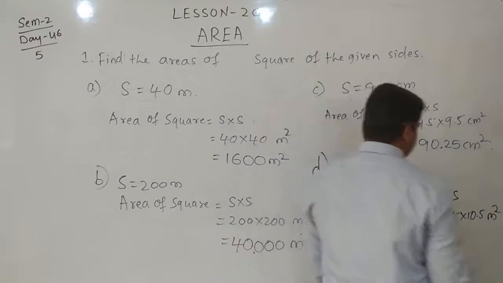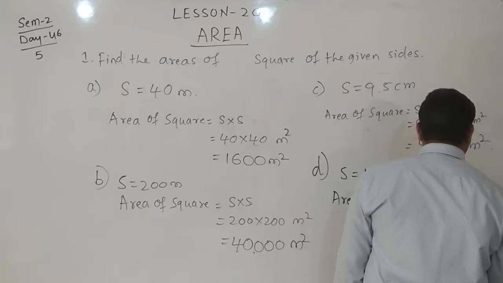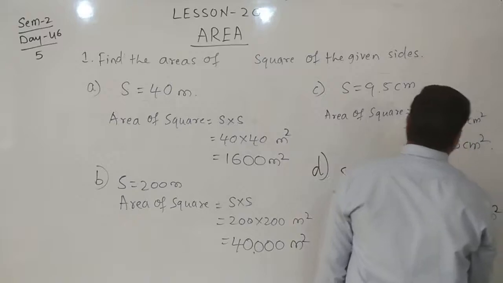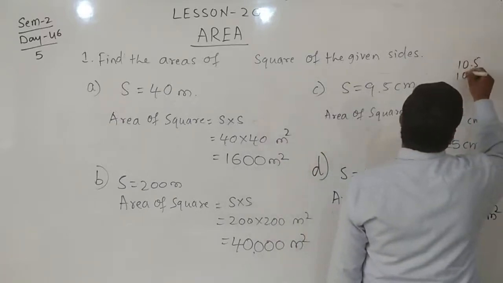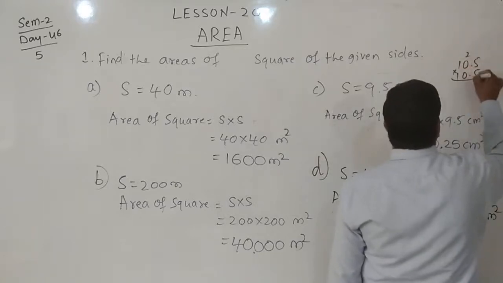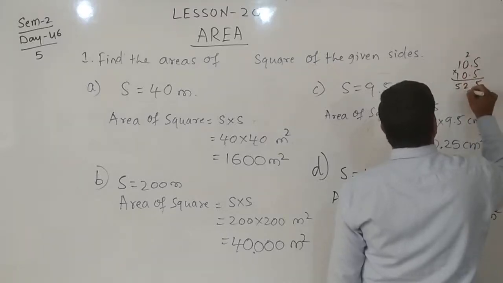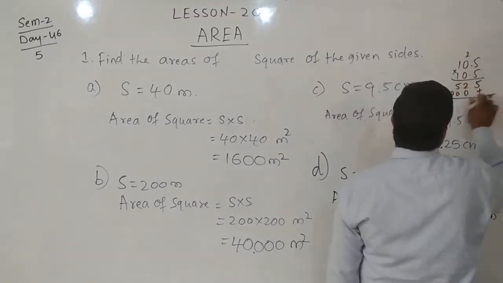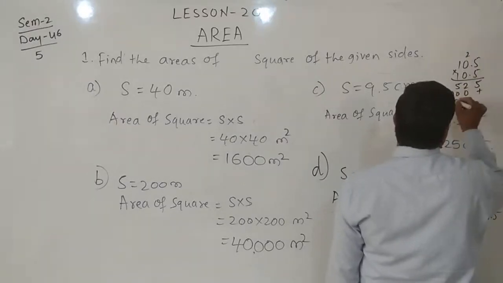Now 10 into 10 is 100, so 100.25. Or we can calculate more easily: 10.5 times 10.5. 5 ones are 5, 0 times 0 plus again 100.